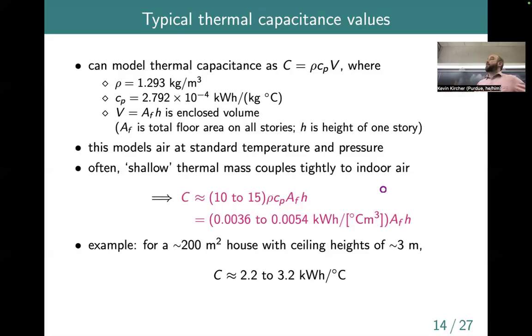So if you take into account the fact that all of that stuff is tightly coupled with the air, then we end up with more thermal mass associated with the thermal capacitance that we're modeling. So for that reason, if you look at data, often you increase the C that you would get just from the calculation on the air only by about an order of magnitude to account for all that tightly coupled stuff. And then the model typically will fit real data much more accurately.